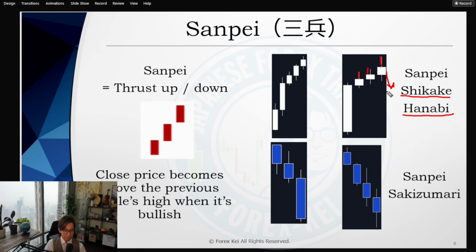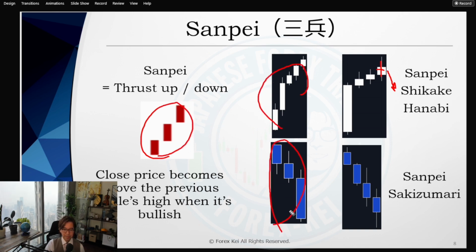Sometimes on the top you will see a doji, and then the market might reverse too. But anyway, a healthy uptrend will look like this, or like this, or this. So this is one of the patterns that indicates the end of the trend.